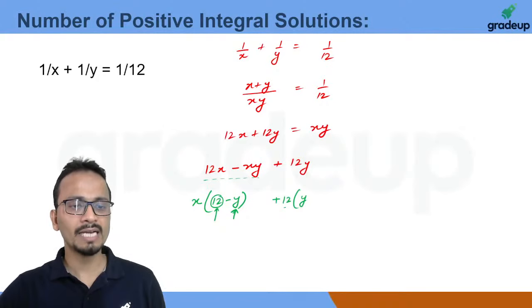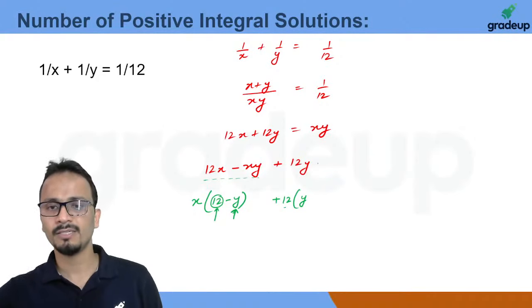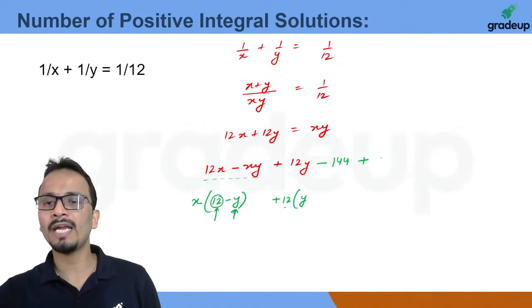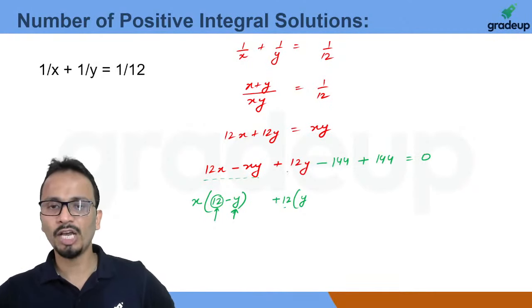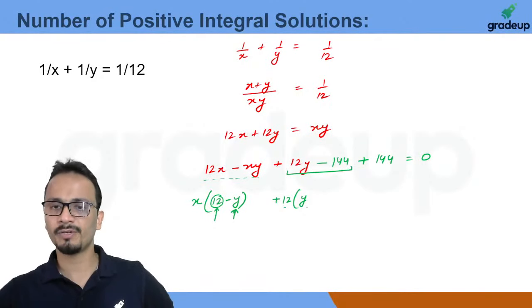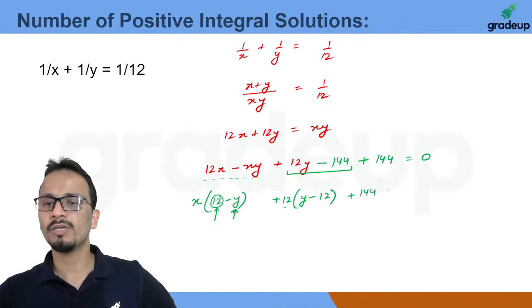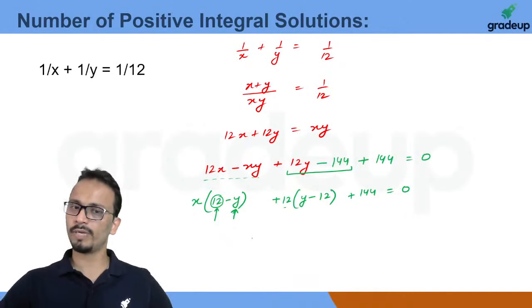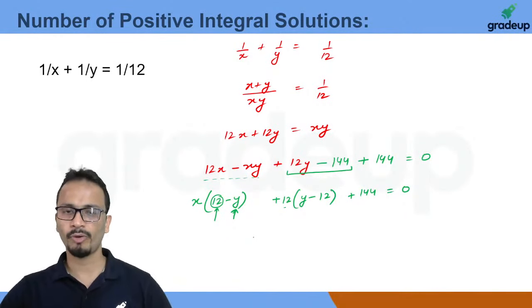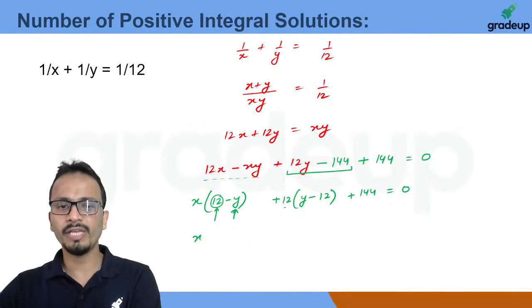So what I'll do is subtract 144 and add 144 on the left hand side. Now if I take 12 common from here, I'll be left with y minus 12 plus 144 equal to 0. Are you all clear? Right. Now further I'll rewrite it as x bracket 12 minus y.